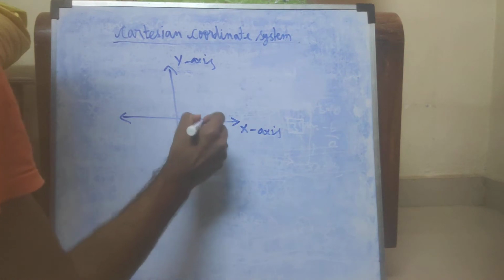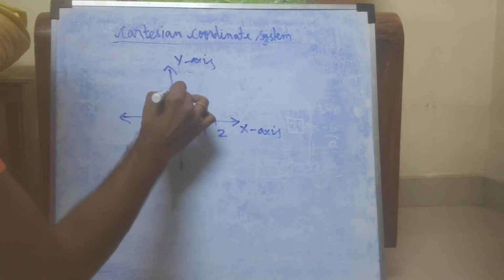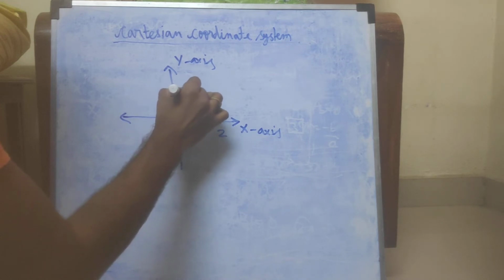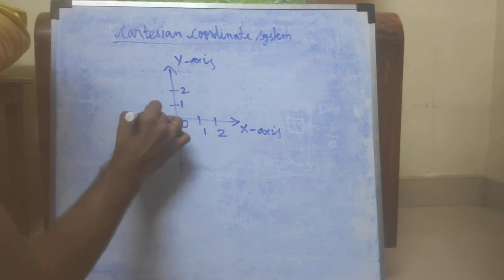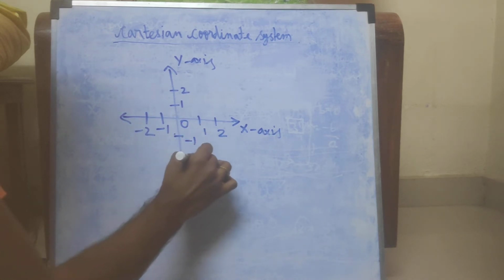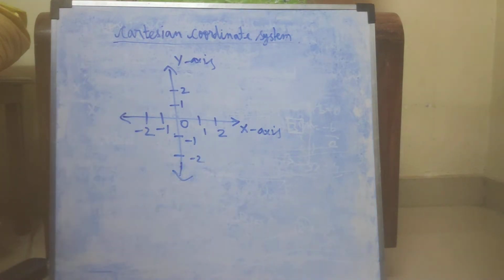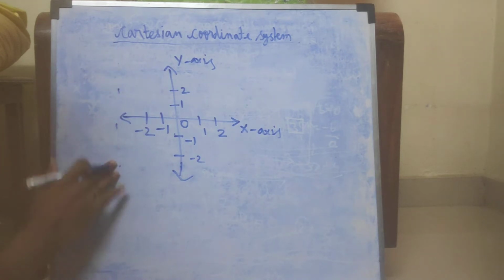Then these are positive numbers along the x axis, and these are positive numbers along the y axis, and these are negative numbers along the x axis, and this is also negative numbers along the y axis. This is called the Cartesian coordinate system, or Cartesian plane.